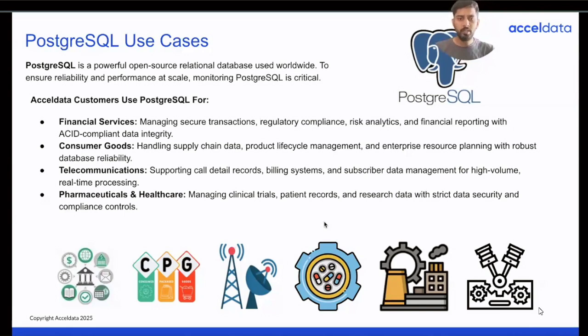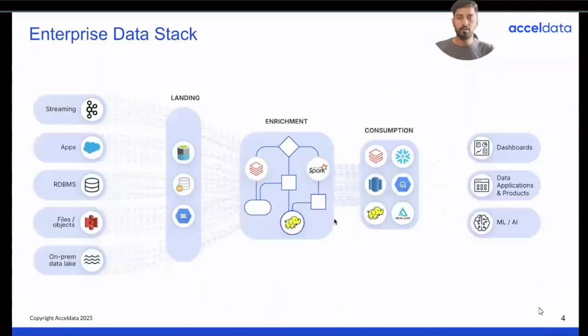right? And on the same note, different companies have different architectures. Some use Postgres near the landing zone. They want to bring in data from maybe file or object storage or streaming data, land it in Postgres, and then it goes to enrichment and into some other data source.